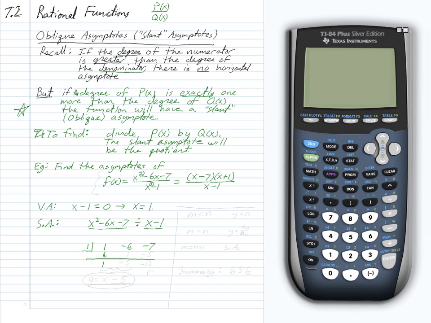And I'll bring down the 1, multiply, add, multiply, and add, getting a remainder of -12. All right, so we've got our remainder and our quotient. So our slant asymptote is going to be y equals x minus 5.